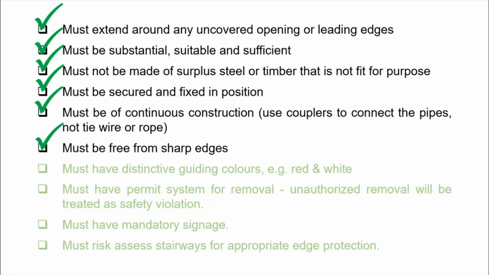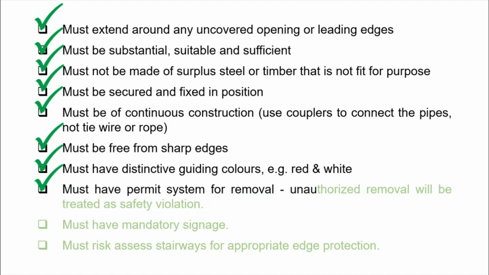Must be free from sharp edges. All edge protection must be free from sharp edges, so that if someone contacts it, they will not get hurt or injured. Must have distinctive guiding colors, for example red and white stripes. Must have a permit system for removal.